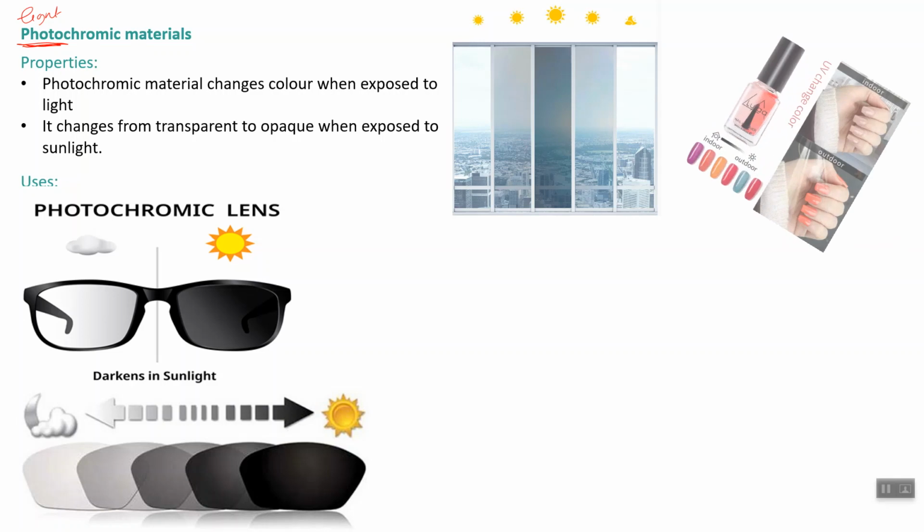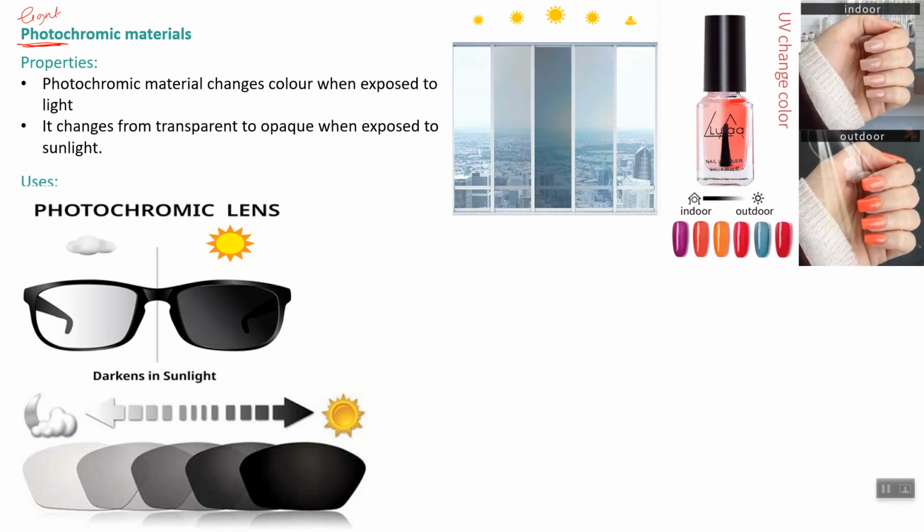So you can use it also in what we say nail polish. Okay, so there are photochromic pigments in the polish. So indoor, when it is inside, it is one color. When you go outside with much sunlight, it changes color. It depends on what color we want.